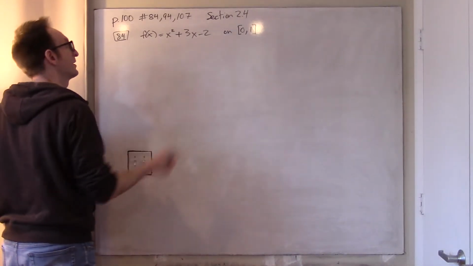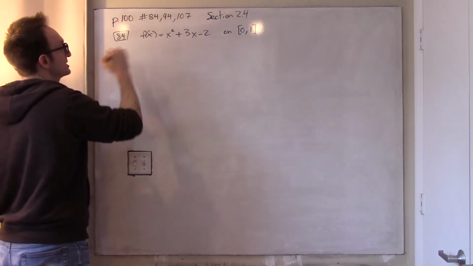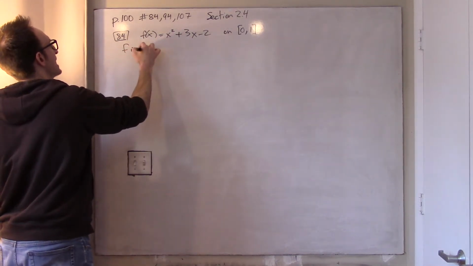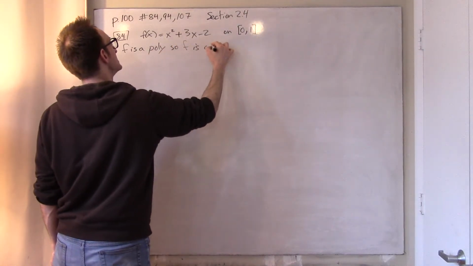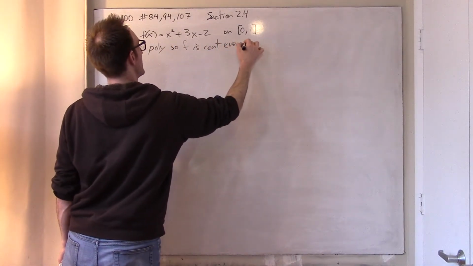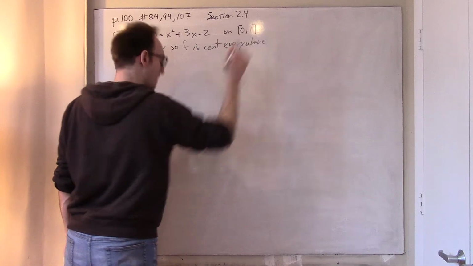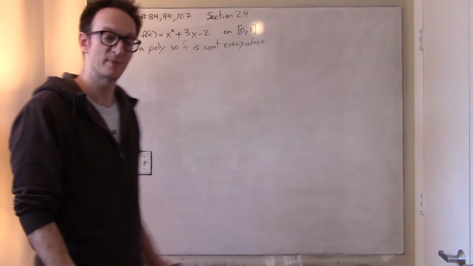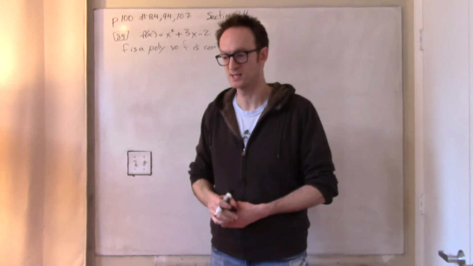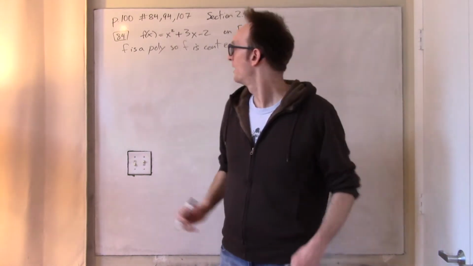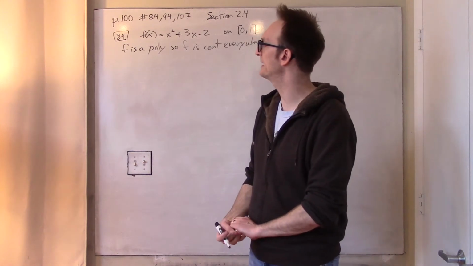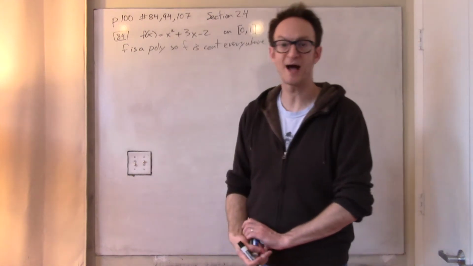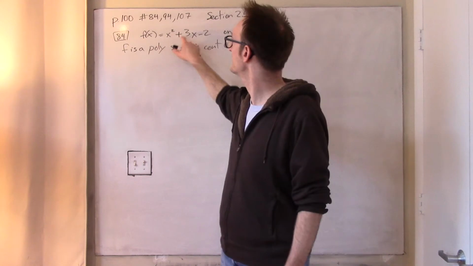Well, okay, this is a polynomial. So first of all, let me just say that f is a polynomial, so f is continuous everywhere. All polynomials are continuous everywhere because they all have the property that the limit as x approaches a of a polynomial is its own value.